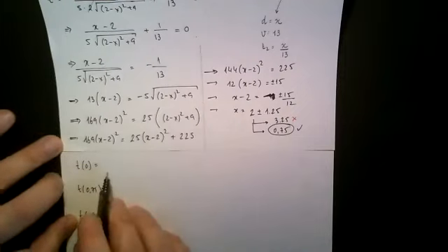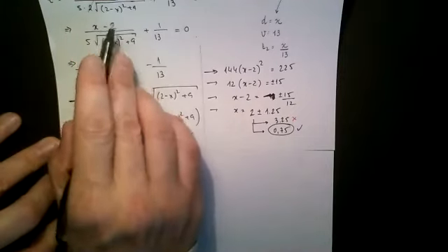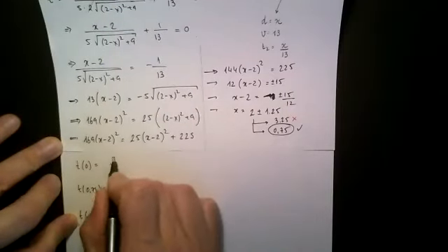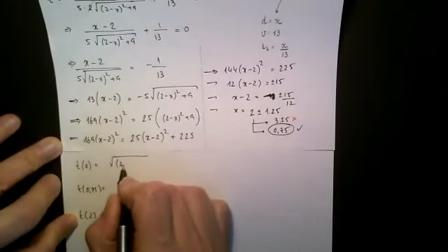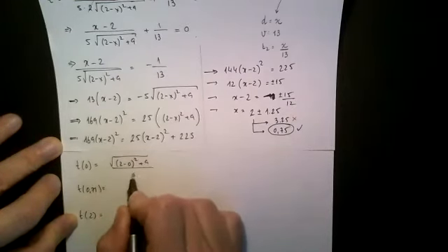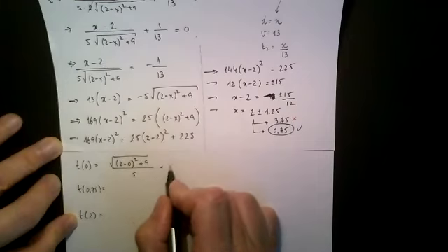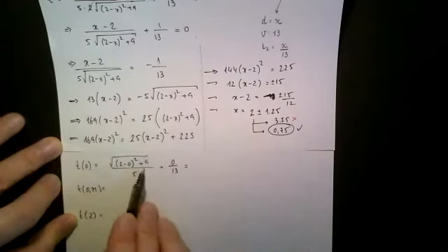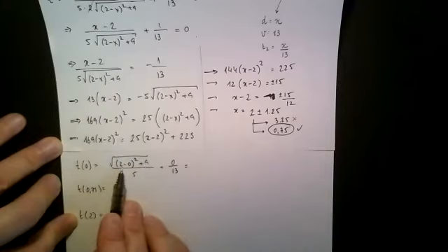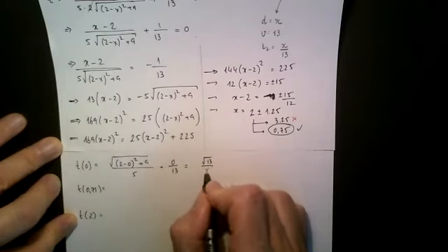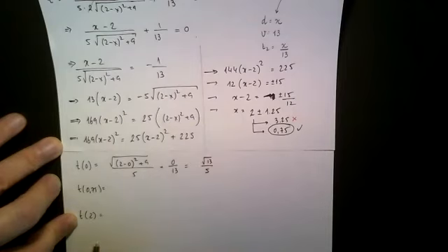So t of 0, I'm going to use it in the function for t. Square root of (2 - 0)² + 9, over 5, plus 0 over 13. And so I get 9 plus 4 is 13, so root 13 over 5. Okay, at 0.75, what do I get?